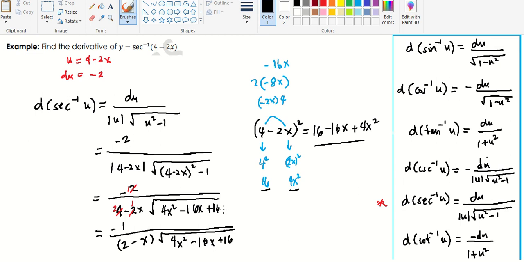So we have to subtract it para ang magiging sagot po natin ay negative 1 over 2 minus x square root of 4x squared minus 16x. 16 minus 1, that would be positive 15. So this is our final answer.